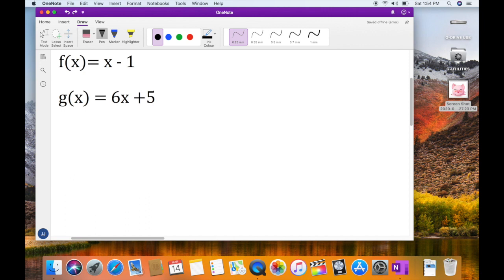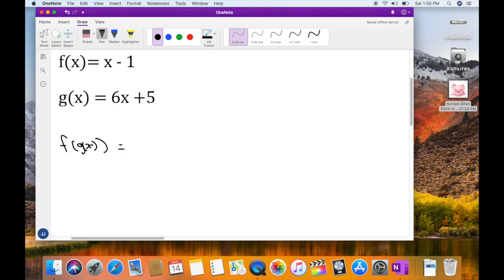Now I want the f of the g of x. And you'll notice here, and it's just like what the notation has, I want the g of x to be inside the f of x, yeah?